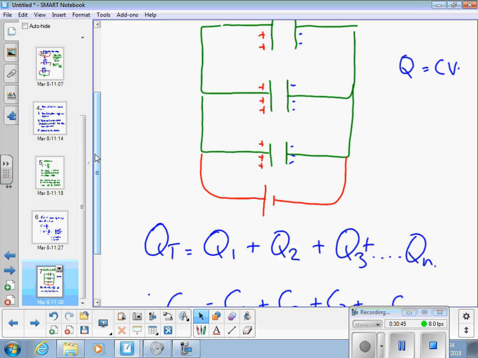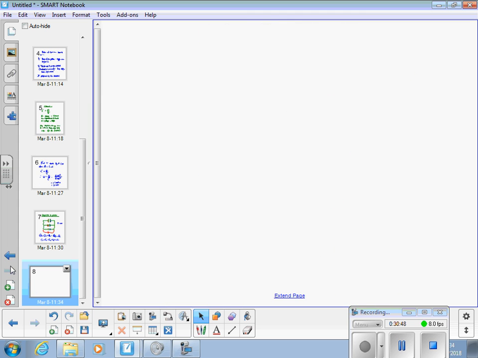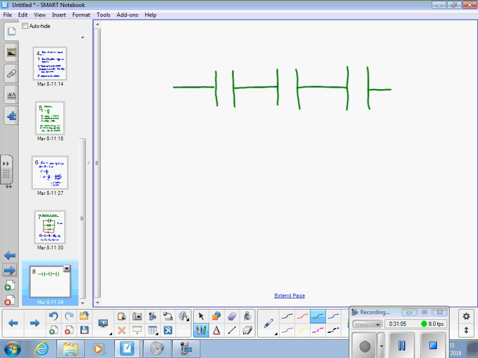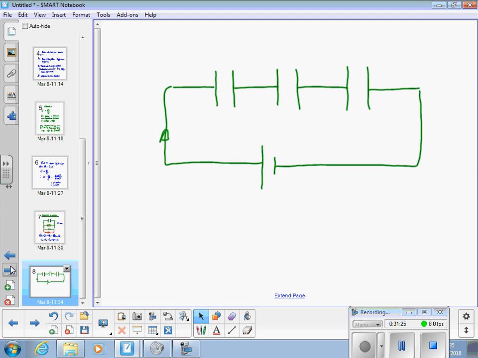Now, capacitors in series is a whole different thing. Three capacitors in series, connect them to a source of voltage.